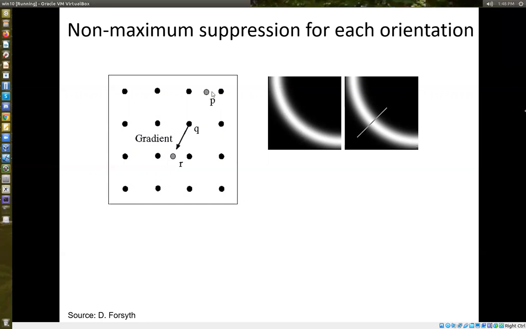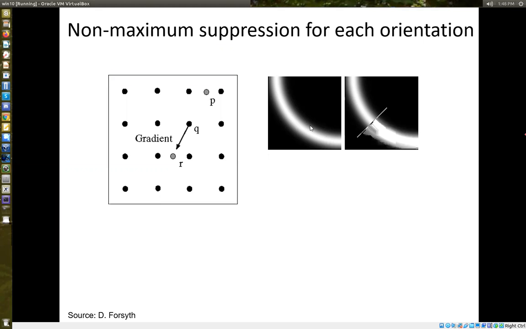If we detect an edge at this point, we go perpendicular to that edge.